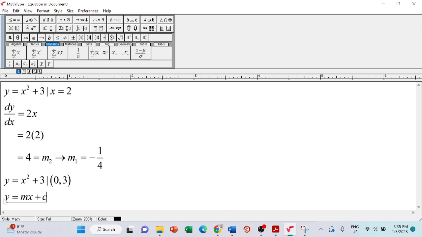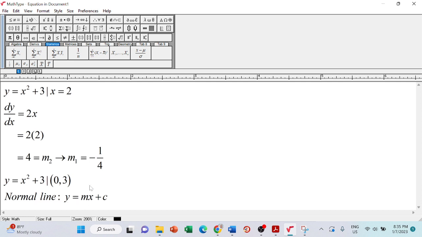Ni semua student engineering kena tahu, whenever you have straight line equation, you kena ingat apa bentuk basic equation. So sekarang kita nak cari equation untuk normal line. Okay, so this is normal line punya equation, y sama dengan mx tambah c.